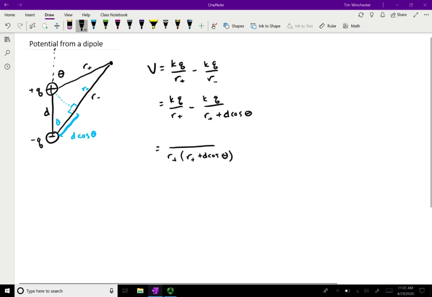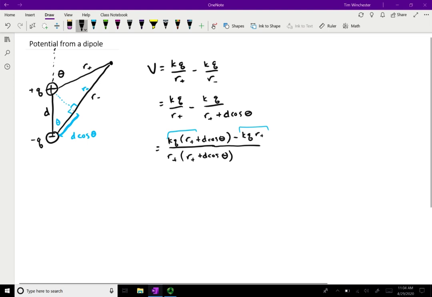To make that the common denominator, my first term will be kq times r plus d cosine theta, and my second term will be minus kq r plus. Just combine the two fractions. I have these two terms, kq r plus and minus kq r plus. Those are going to cancel.